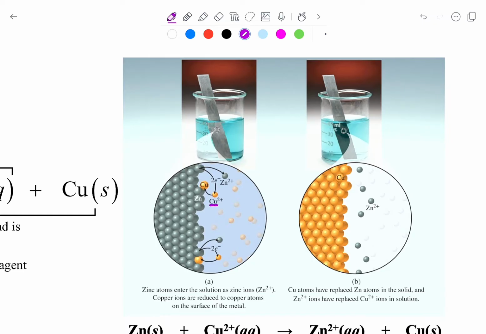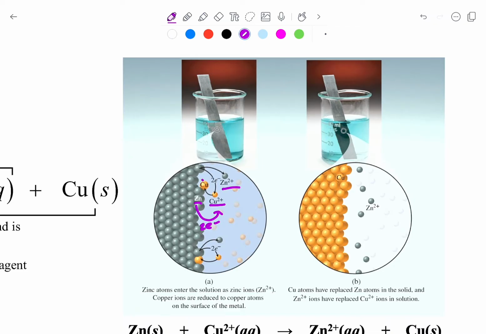So we start with copper ions and zinc solid, and because they have a difference of 2 electrons, zinc says, I'll give you 2 of my electrons, and I'll become zinc 2+, right? A loss of 2 electrons makes you a cation with a 2+ charge. And that means if I give you those 2 extra electrons, copper, you'll become copper solid.